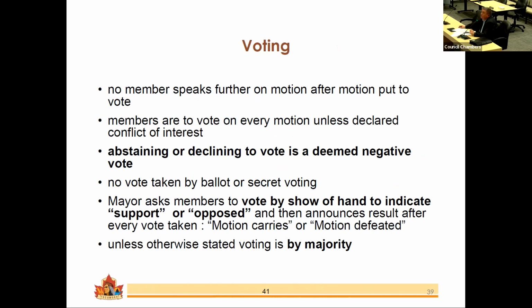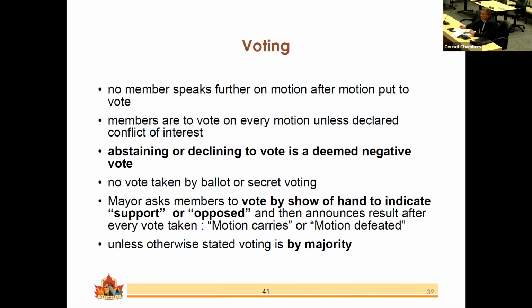And then just moving quickly to rules of voting. No member speaks further on a motion after that motion has been put to a vote or the question is being called. Members are to vote on every motion unless there is a declared conflict of interest. Abstaining or declining to vote under procedural bylaws is usually deemed a negative vote.